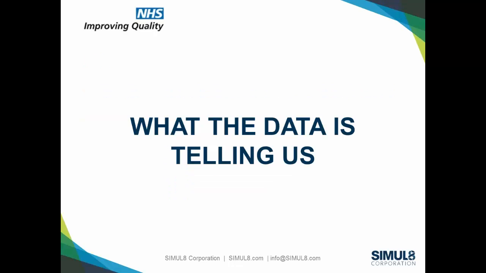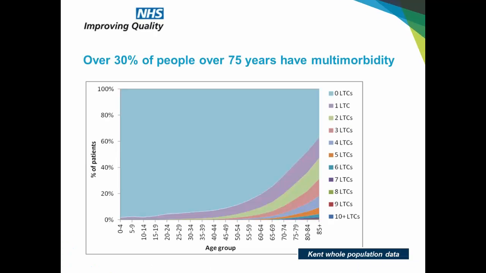So in order to try and understand what's actually happening, we went back to the data, and I'm very grateful again to the NHS IQ and the pilot sites who've been working in England for being able to share this data. And I think this is really interesting.